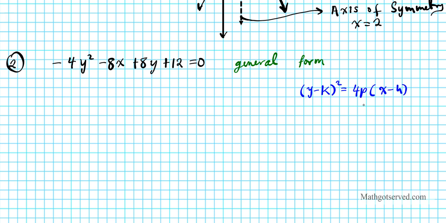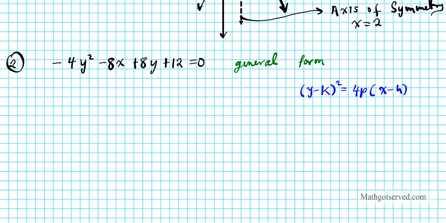So this is the standard form for the equation of a parabola. What it requires is that the variables be separated. You need the y's on one side, and then everything else goes on the other side. And then the goal is to complete the square on the left side and just have a y quantity squared on the left side, and everything else goes on the right side.